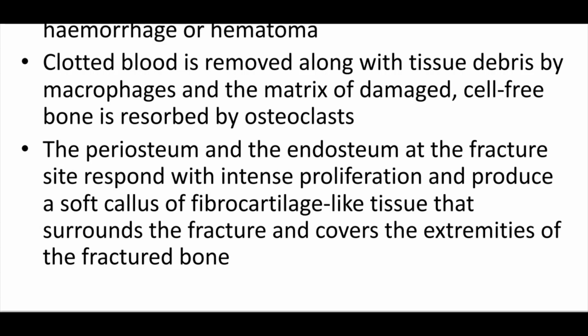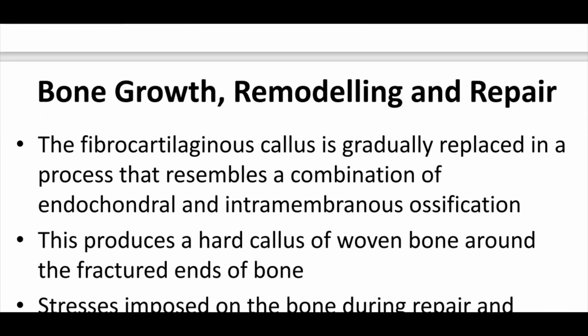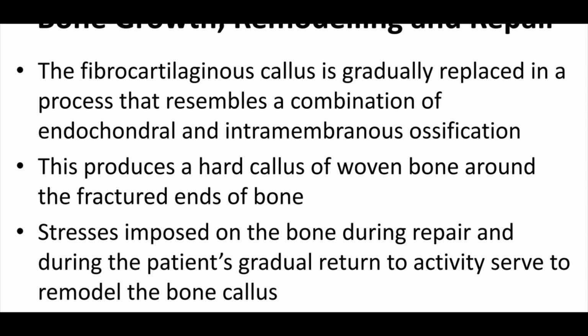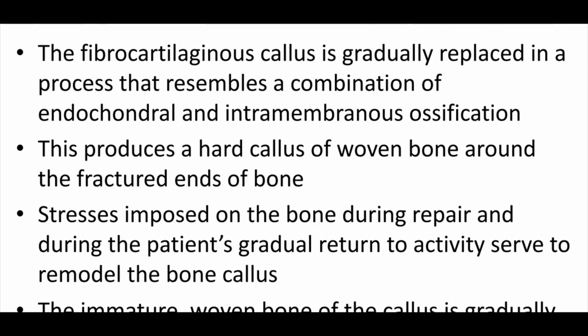So after hematoma formation, there is soft callus formation of fibrocartilage-like tissue that surrounds the fracture and covers the extremities of bone fracture. The fibrocartilaginous callus is gradually replaced in a process that resembles a combination of endochondral and intramembranous ossification. This produces a hard callus.